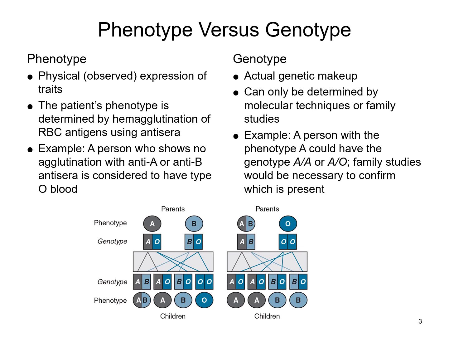So let's look at the example provided. Let's say that we have two parents. One parent's blood type is A and the other parent is B. The possibilities for these parents would be that the parent could be AA or AO, as demonstrated here with the genotype, or the parent could be BB or BO.